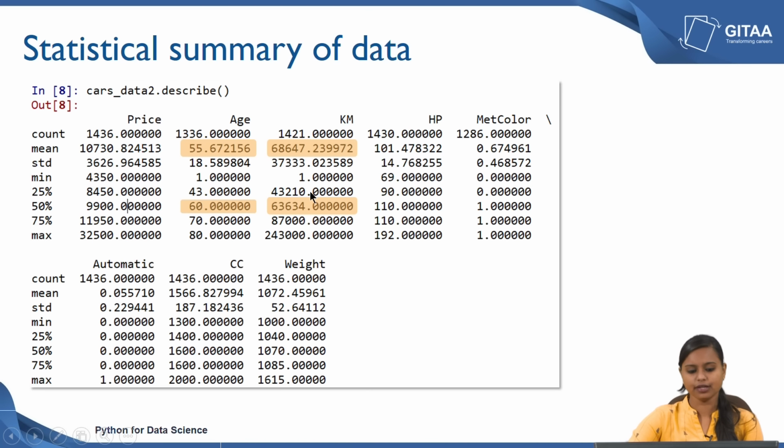Next, when we look at the kilometer, the average kilometer that the car has travelled is 68,647 kilometers and the median kilometer that the car has travelled is 63,634 kilometers. But if you see, there is a huge difference in the kilometers travelled, about 5,000 and odd difference.